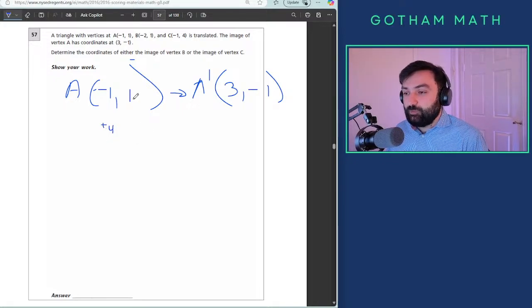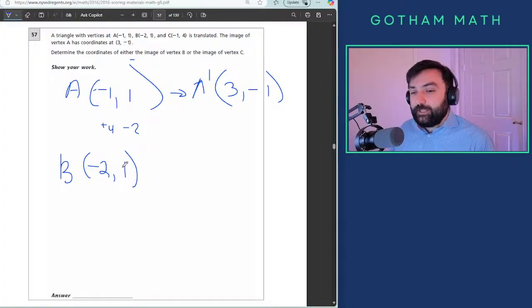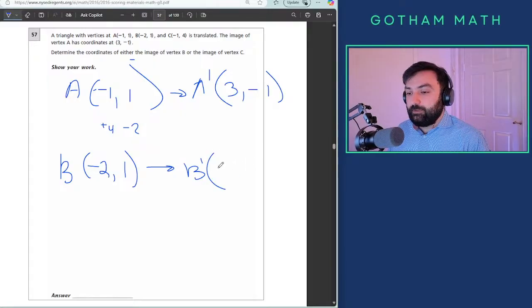What happened to 1 to become -1? -2 happened. That's it. For coordinate B it's the same thing: -2 plus 4 is 2, and 1 minus 2 is -1.